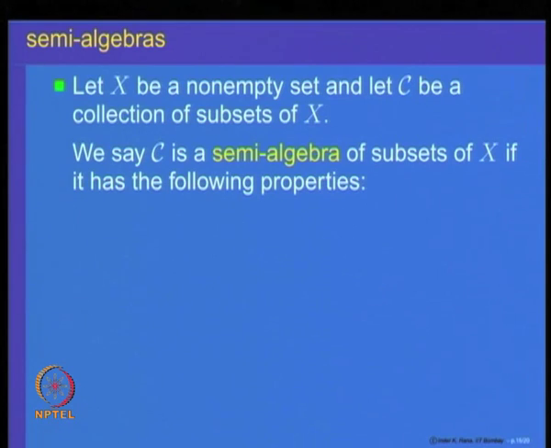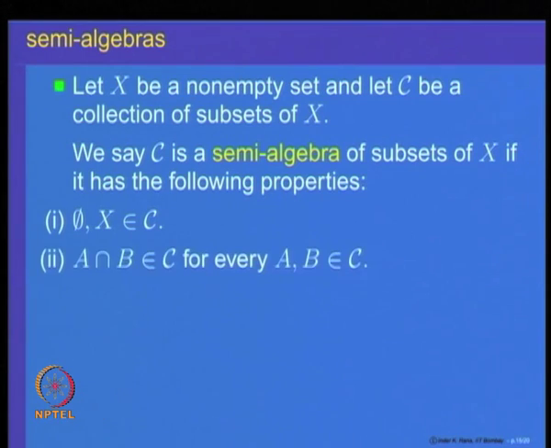First, the empty set and the whole space X are members of this class. The second one is that this class is closed under intersections. That means, if A and B are two elements of this collection, then the intersection of A and B should also be a member of the class C.